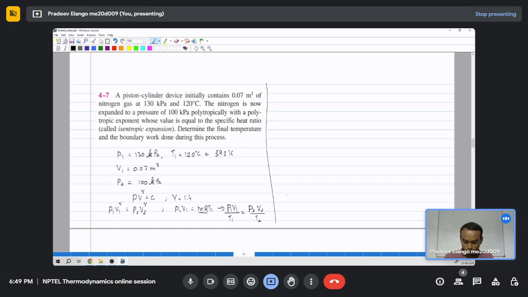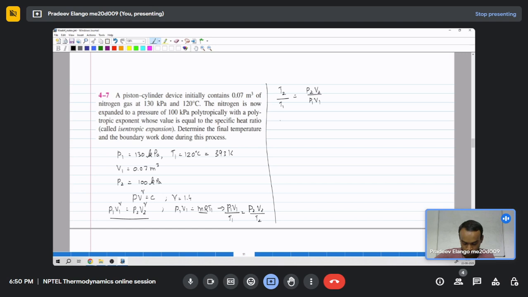Now we have to find the final temperature, so that means T2 is what we need to find. We write it as T2 by T1 equal to P2 V2 by P1 V1. Now we know the pressure, but we don't know the volume, so I want to write the volume ratio in terms of pressure ratio.